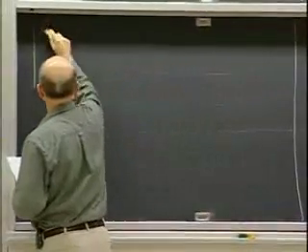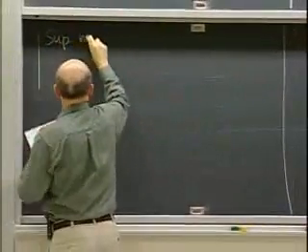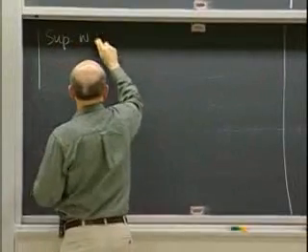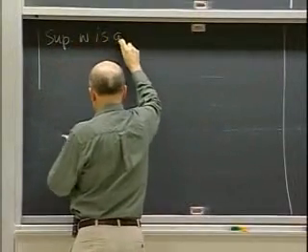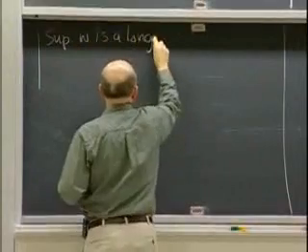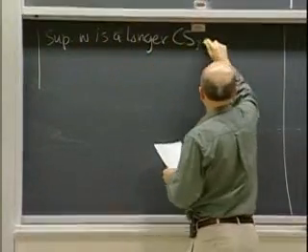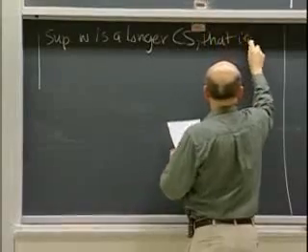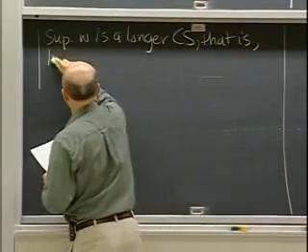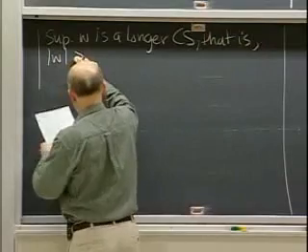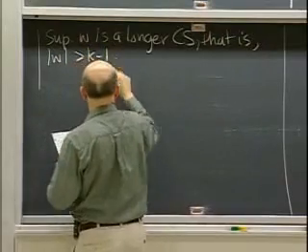So suppose that W is a longer common sequence. That is, the length of W is bigger than k minus 1.